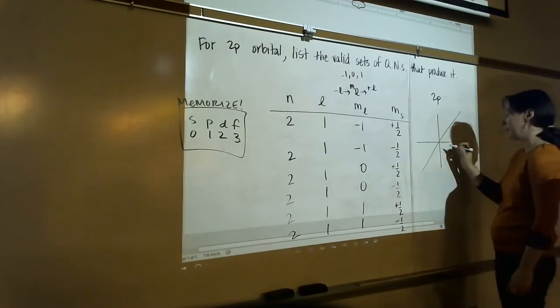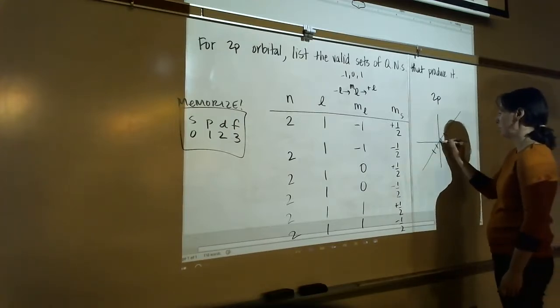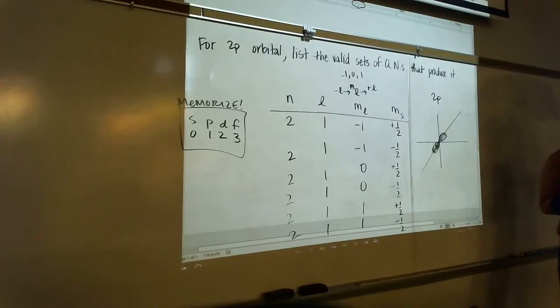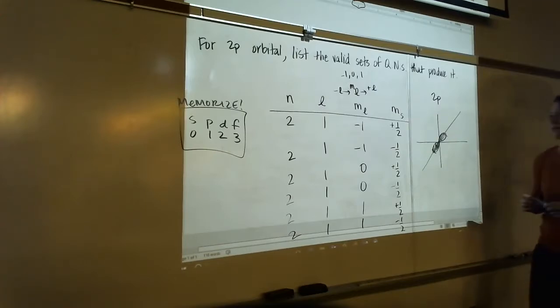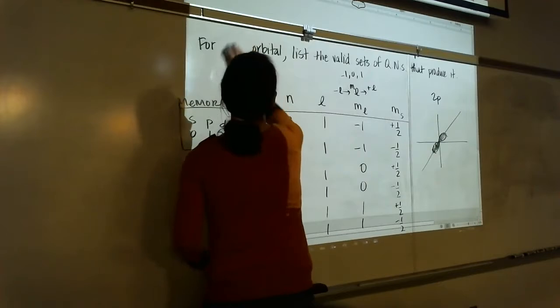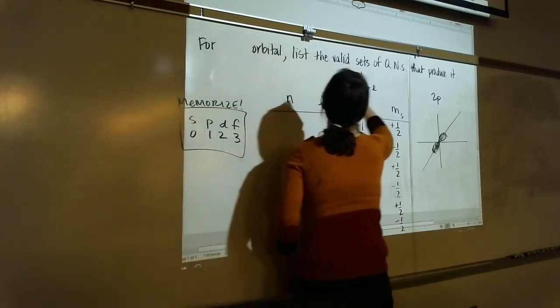I don't really care. 1, 2, 1, 2. There would be your 2p orbital. I just picked z arbitrarily because I didn't specify which orientation to use. So that means you can pick any orientation you want. All right. You do one.